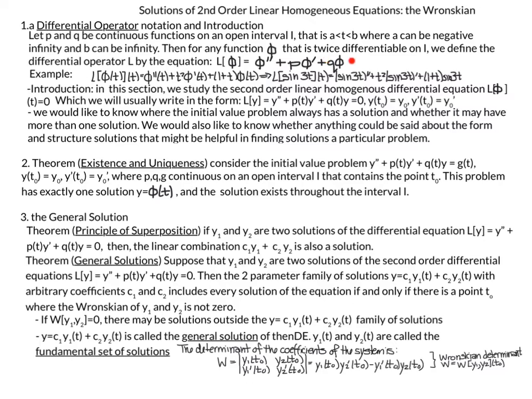So it's the same equation here, but instead of the phis, we have y's. And we have initial conditions, y of t naught is equal to y naught, and y prime of t naught is equal to y prime naught.